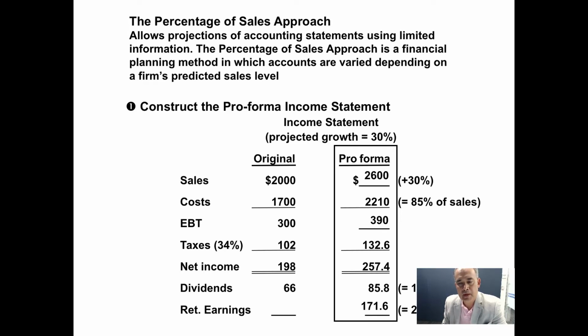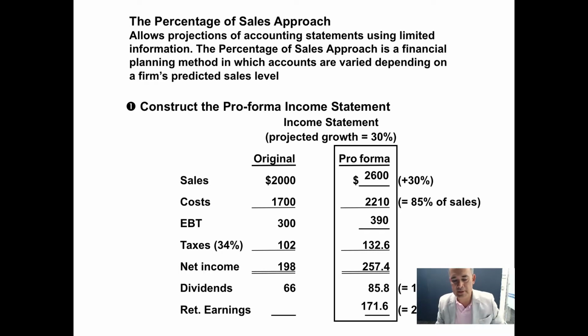The main advantage of the percentage of sales approach over the formula that we have just seen is precisely the fact that with the percentage of sales approach, we have the opportunity of changing a lot of assumptions of the formula.